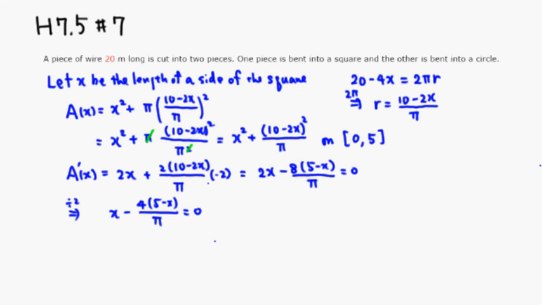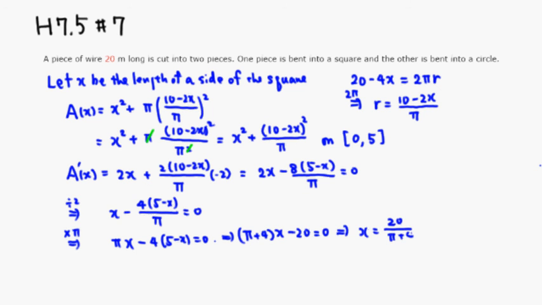Then I can multiply through by pi. You get pi x minus 4 times (5 minus x) equals 0. So this is going to give us pi x plus 4x minus 20 equal to 0, which means that x is equal to 20 over pi plus 4.